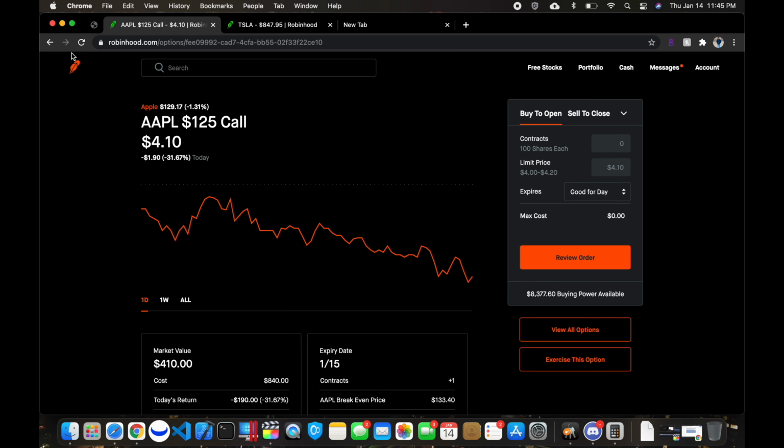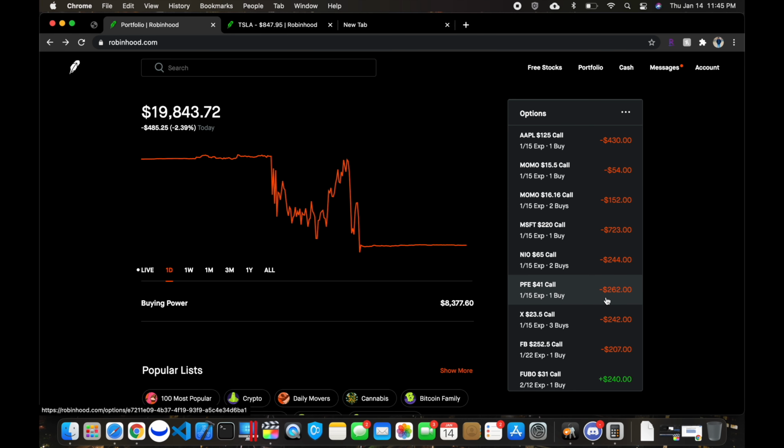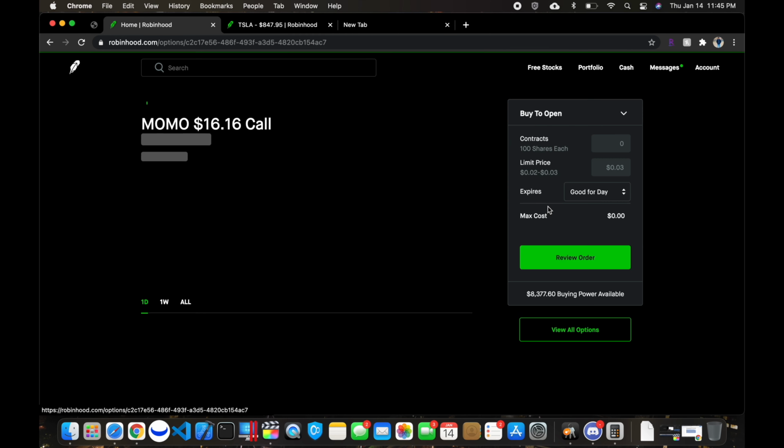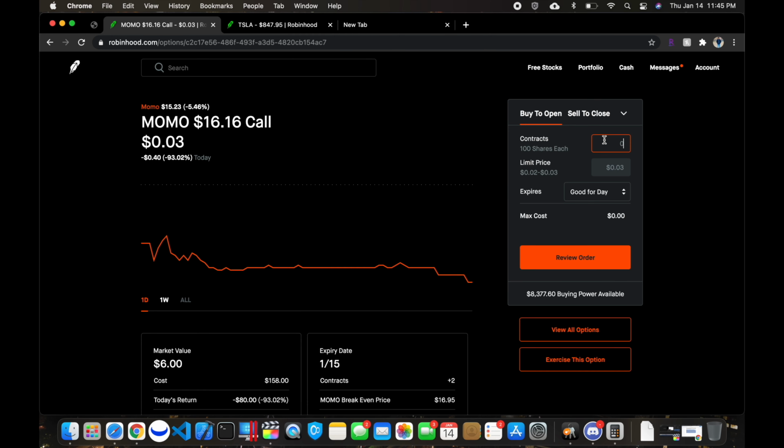Let me go to the one that I own the most. So I have 2 Momo. So here, if I do 2 and I put the limit order in, I click review and send the order, I'm doing 1 trade. Even though it's 1 transaction, I'm doing 1 trade, but I'm selling 2 contracts. So this is how that system works.